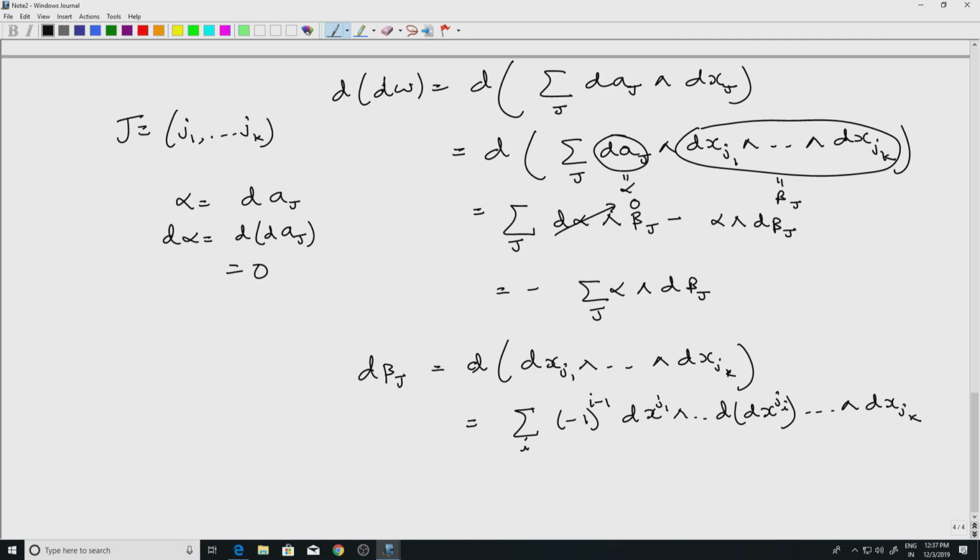And then, right, so one has this, and in the end, basically one is again using the fact that if you have a d of a function, then that will be 0. So the previous step, all these things are 0.